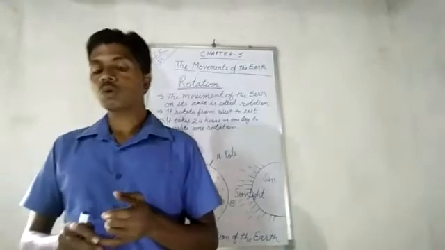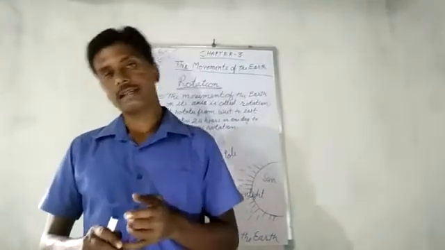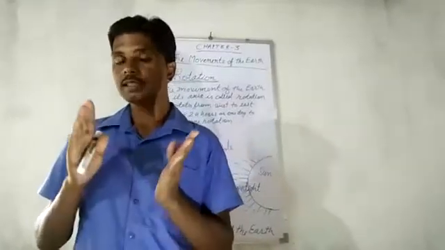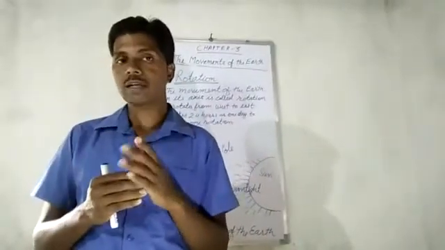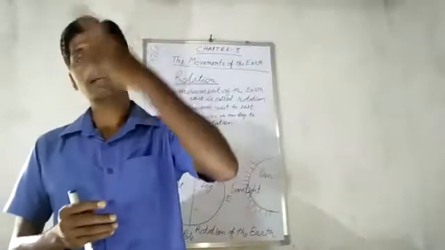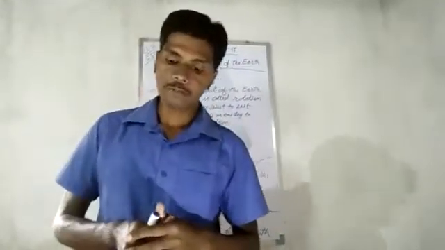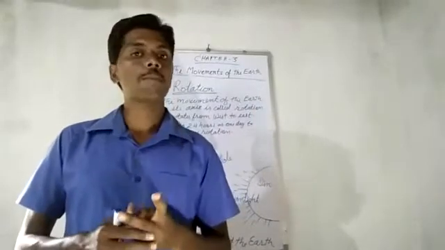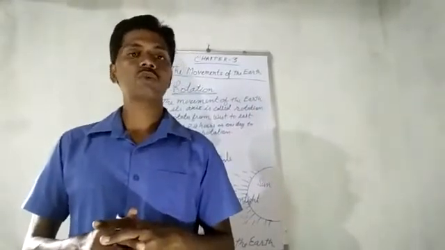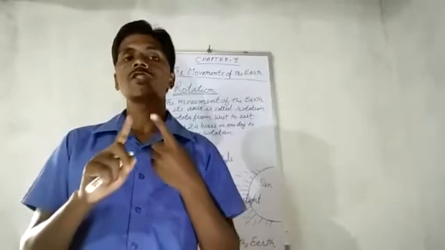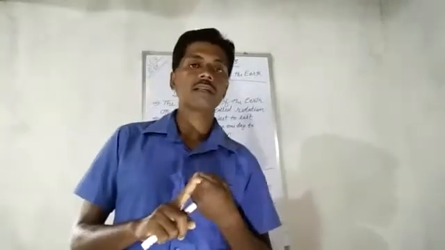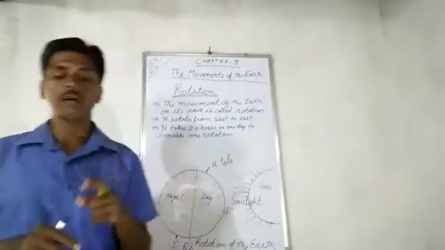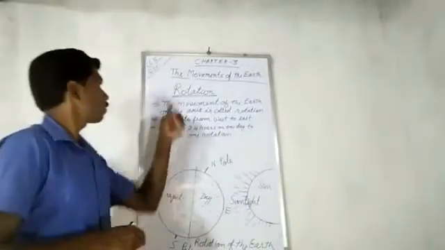Earth also rotates on its own axis. Earth rotates on its axis as well as revolves around the sun. So Earth has two types of movement. Which are the two types of movements? First is rotation, second is revolution. So now first we'll see rotation.